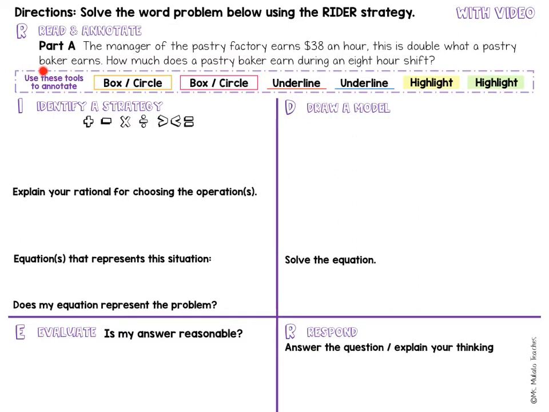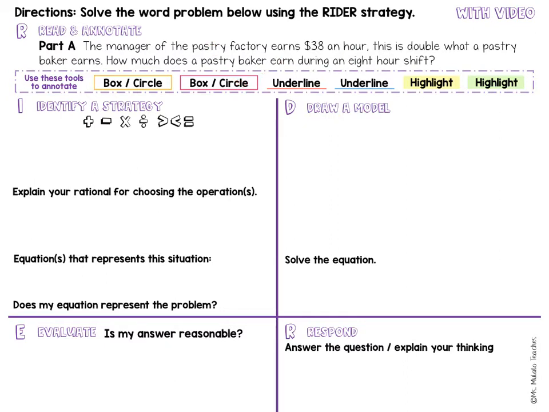We're going to be using the tools in this purple box to annotate. You have the boxes to box or circle important information. You have red and blue to underline, and yellow and green to highlight. You can click on any of these and drag them to the location that you want them.